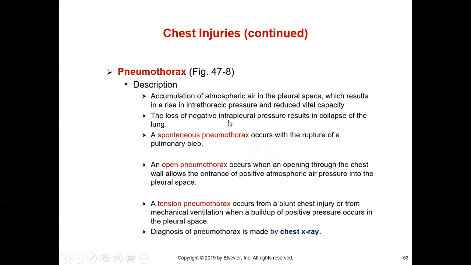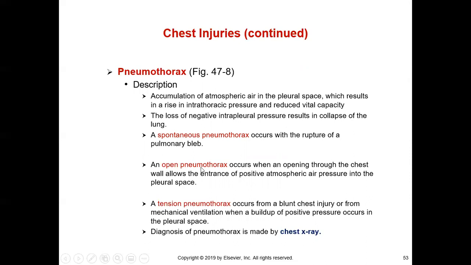Loss of negative intrapleural pressure results in collapse of the lungs. A spontaneous pneumothorax occurs with the rupture of pleural cavities, basically.